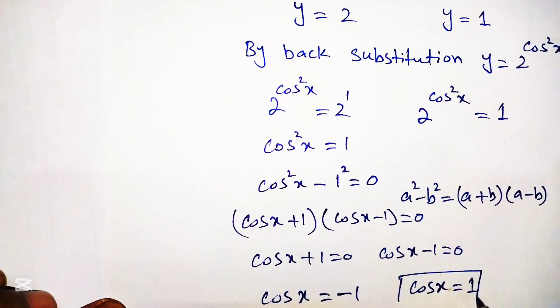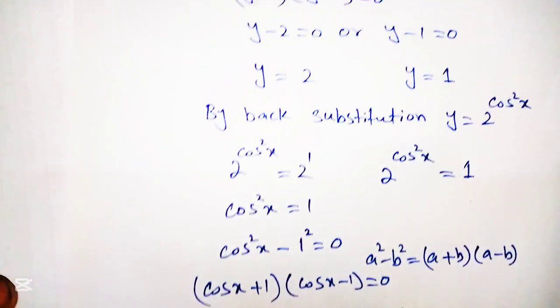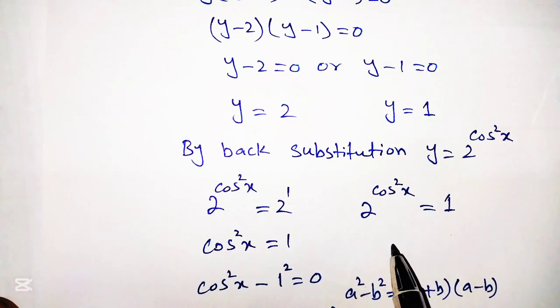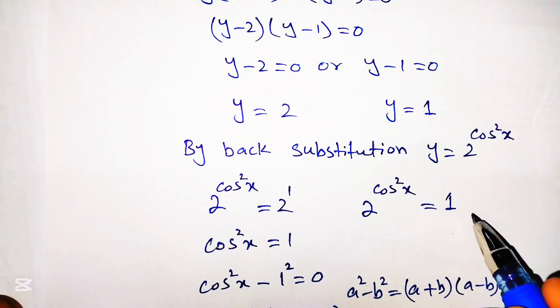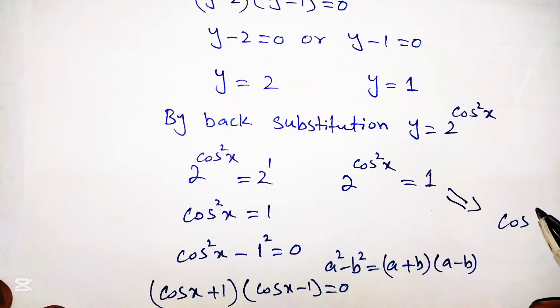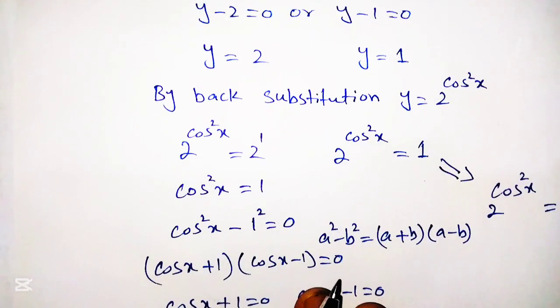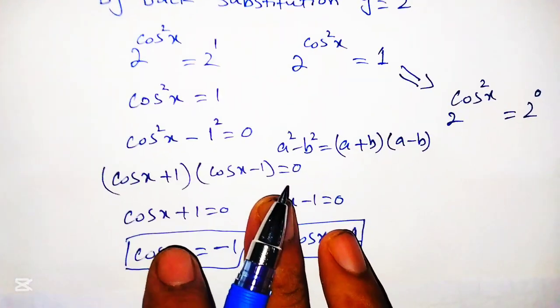So these are the values of cosine x from this equation, and from the other equation we can write 2 raised to power cosine square x is equal to 1, and 1 can be written as 2 raised to power 0, since something raised to power 0 is equal to 1.